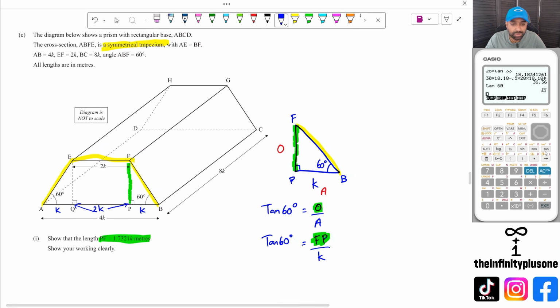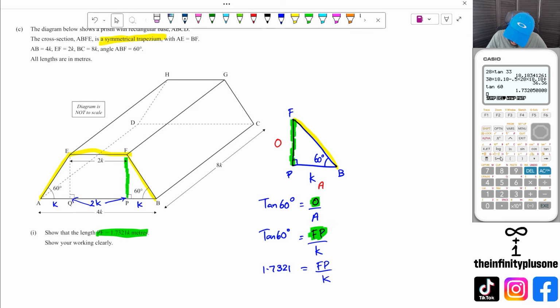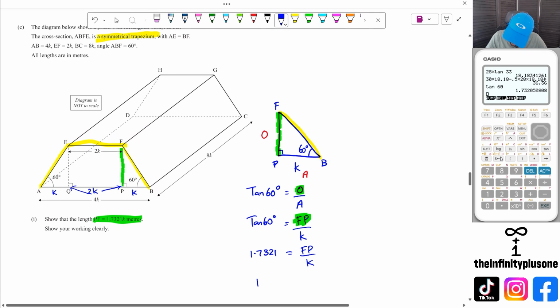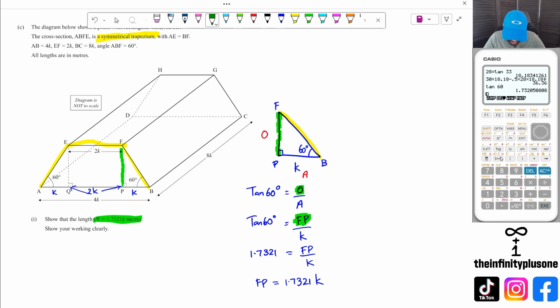Tan 60 is equal to square root of 3, which is the same as 1.7321. So we've got 1.7321 equals FP over K. Then we cross multiply it, and we get FP is equal to 1.7321K. And we've actually proven that PF is equal to 1.7321K. So that's going to get you an achieved. And we move on to the next question.